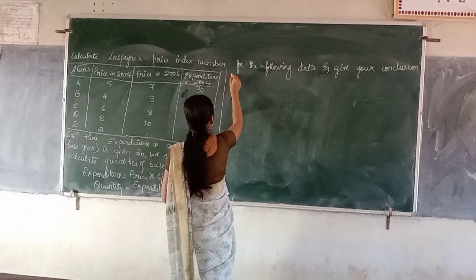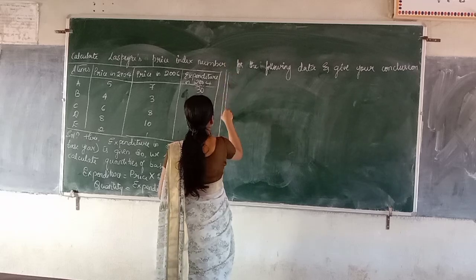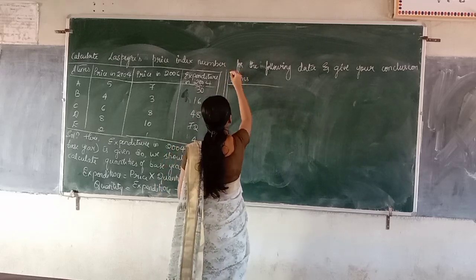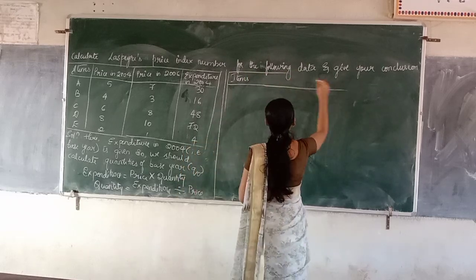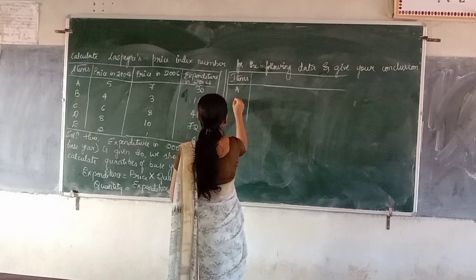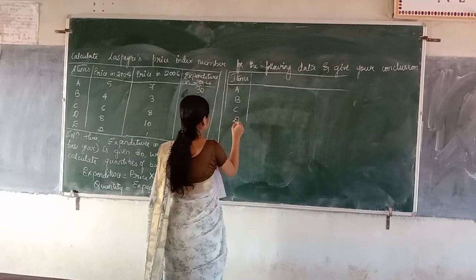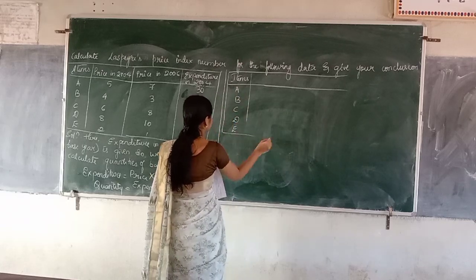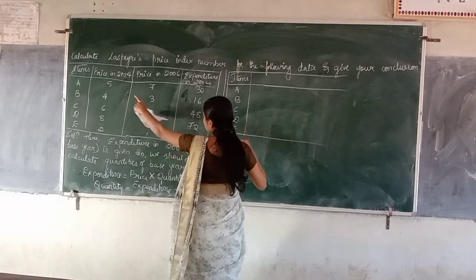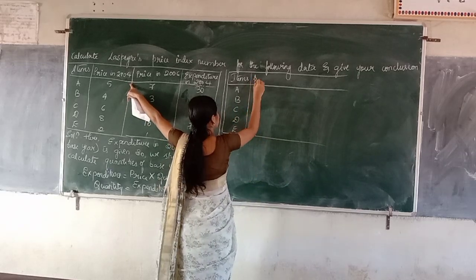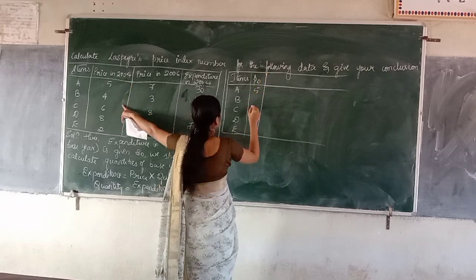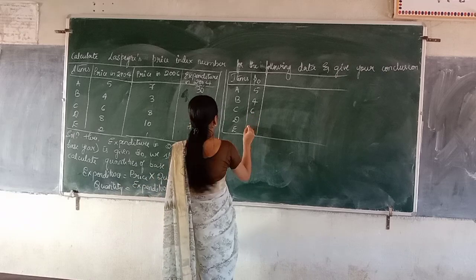With the same table, first column is items A, B, C, D and E. Next, we are provided with the prices of base year, denoted by P0. Prices of base year are 5, 4, 6, 8 and 2.